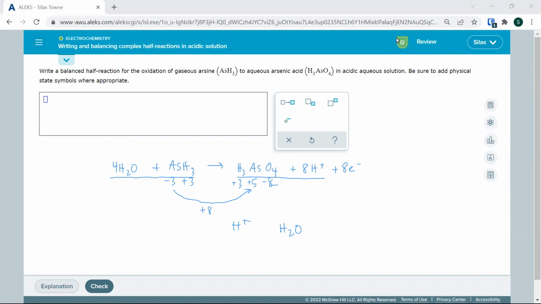Now, the other thing is we've got to write states. Anytime we've got a balanced chemical equation, we've got gaseous here, we've got liquid here, we've got aqueous on this side, aqueous, and then our 8 electrons.